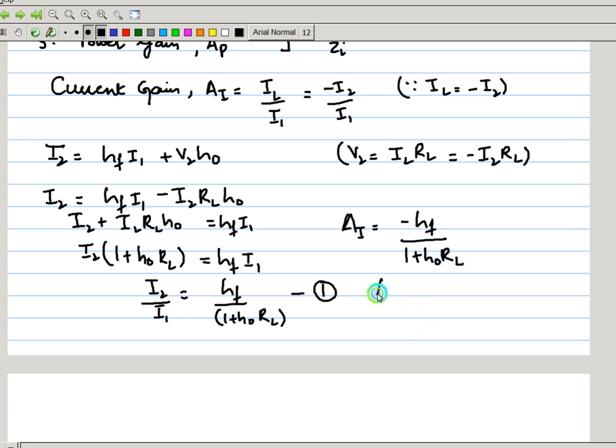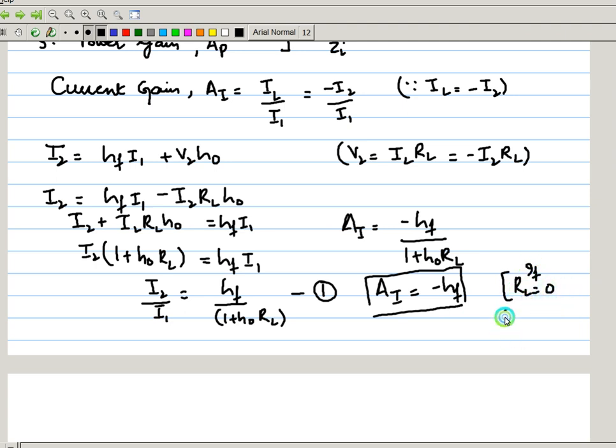Now, what should be the condition that AI will be equal to minus HF? AI will become equal to minus HF when the denominator is 1. This means the denominator can be 1 if RL is 0. I'll write if because this is a condition.